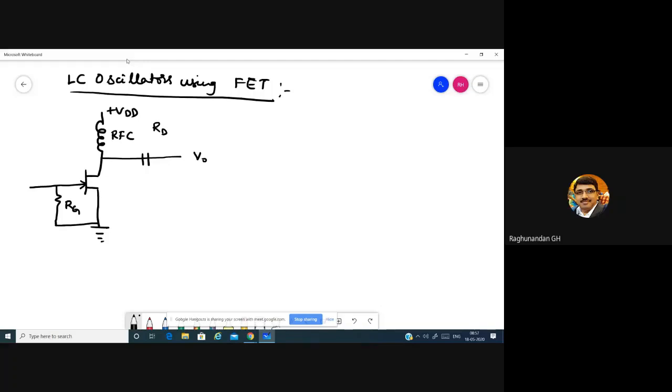But still, why do we use this RFC, radio frequency choke or radio frequency coil? Both names are used. We use RFC because, as you already know, the gain produced by this kind of amplifier using FET is already less.